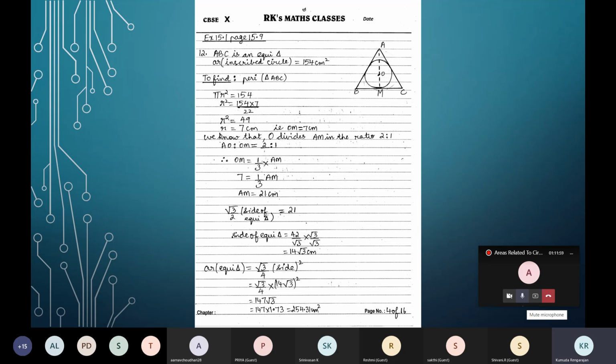Now, the important result is, now I need to define a centroid for you. Please write down. The point of concurrence of the 3 medians in a triangle is called the centroid. Write down, the point of concurrence, because intersection means where only 2 lines or line segments intersect.